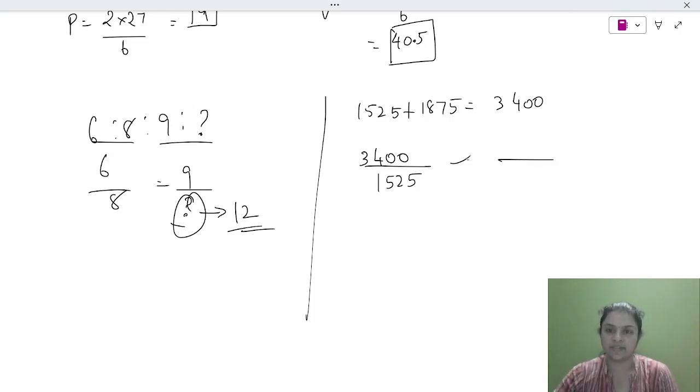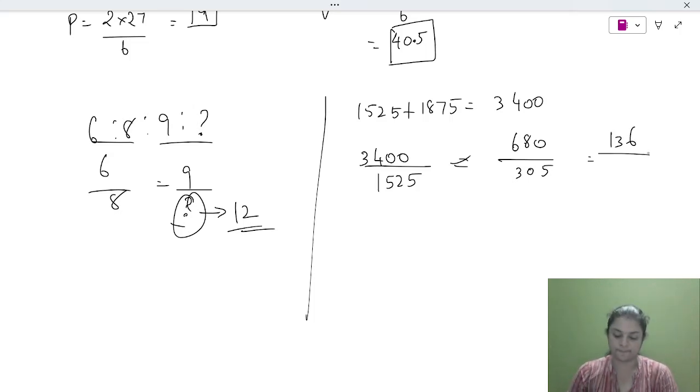So you can simplify this as, if you take it in 5 tables, then you will get it as 680 by 305, or you can further simplify this as 136 by 61.